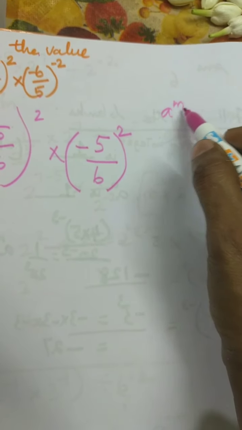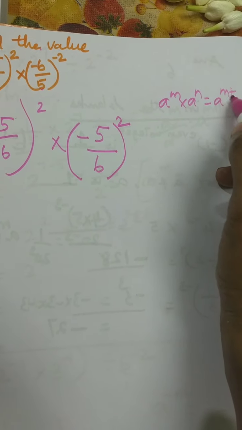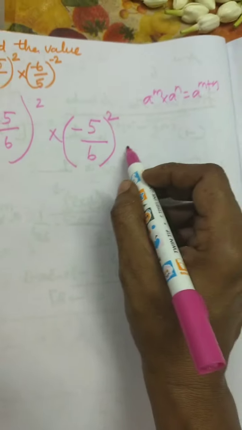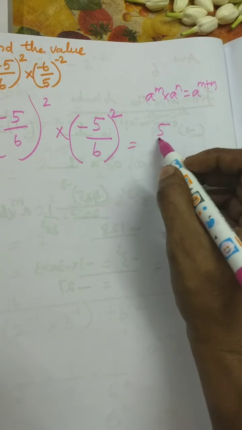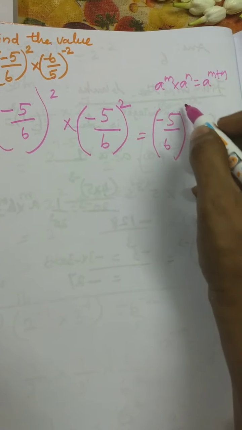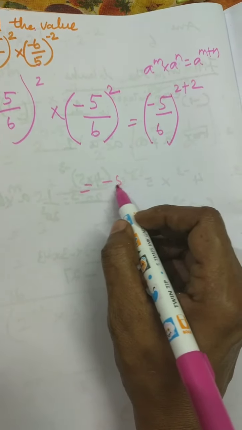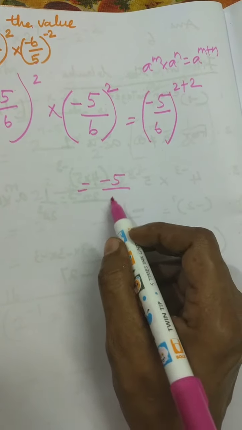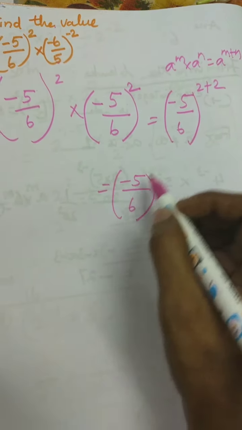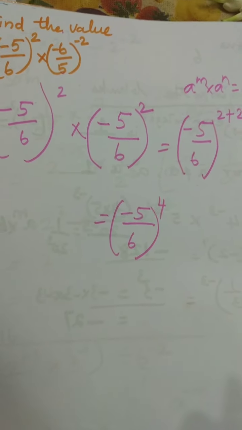So a power m into a power n equals a power m plus n. So it will become minus 5 by 6 the whole power 2 plus 2. Then the answer is minus 5 by 6 the whole power 4.